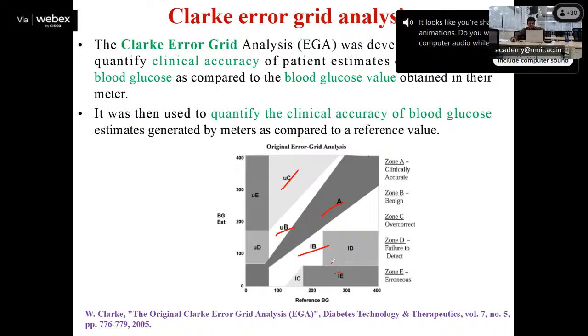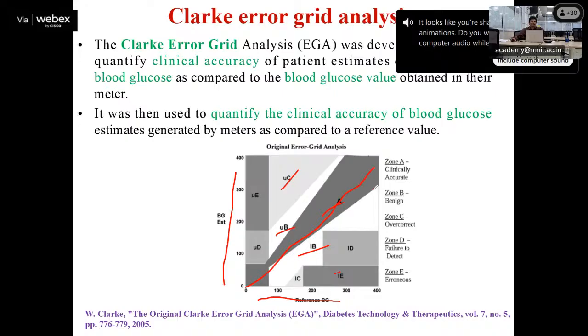Now, what we are trying to do is measure the blood glucose value. My estimated blood glucose value comes on the y-axis and the reference blood glucose value comes on the x-axis, and then the x against y plot is provided. If the values match, then I will get some sort of linear curve.